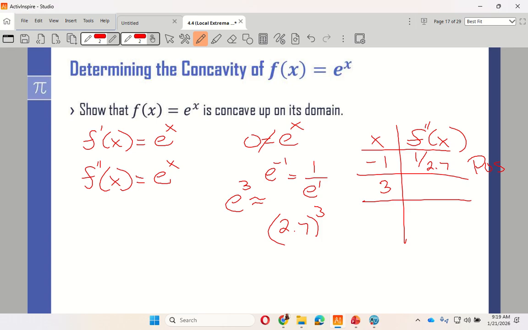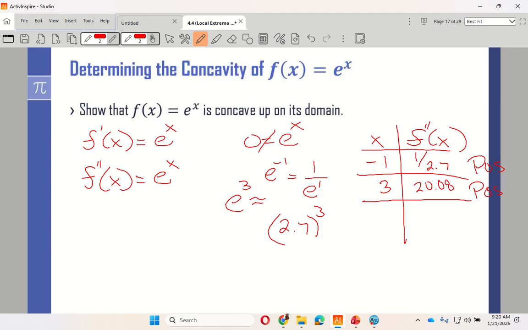Okay. So 20.08. Thank you, Blake. Now, what do I know about that number? It is positive. So, by testing these two numbers, what can I say about the concavity? It is concave up, because I'm proving that it is a positive number over the interval.